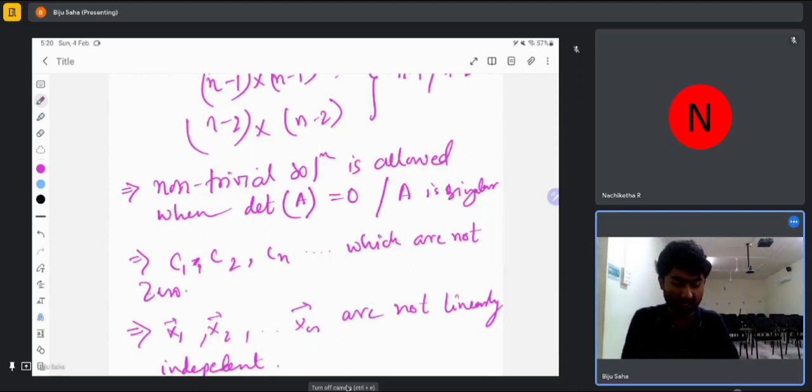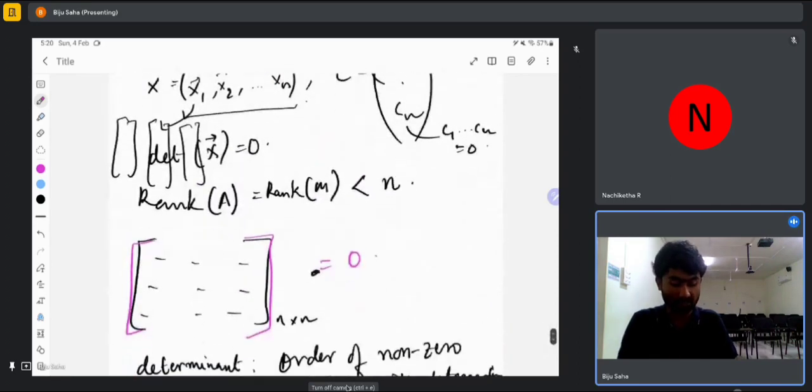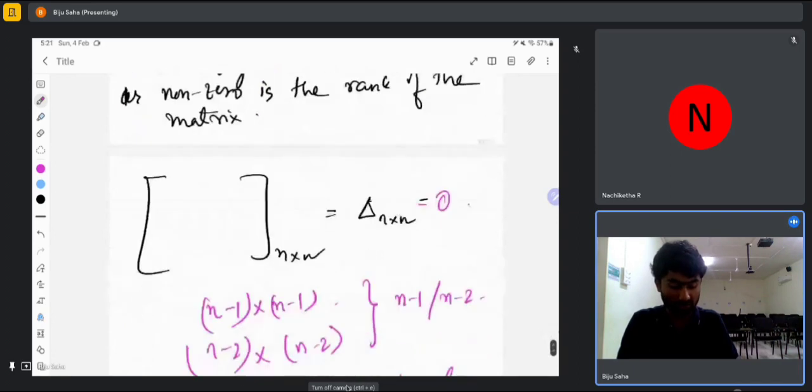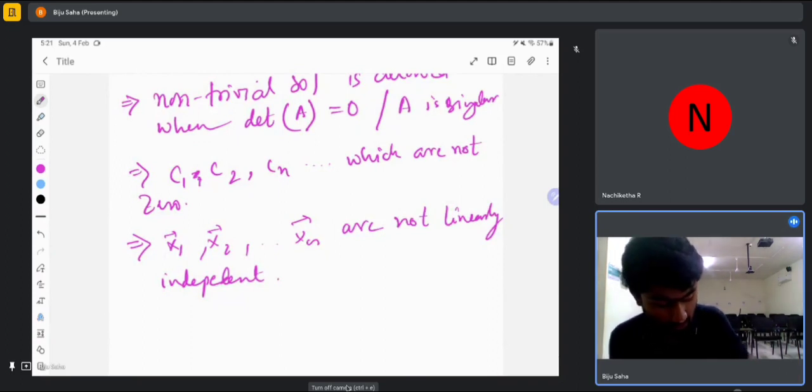But since there can be a scenario where the determinant turns out to be 0, in that scenario the vectors x1, x2, ... xn are linearly dependent on each other. So that actually proves the next problem.